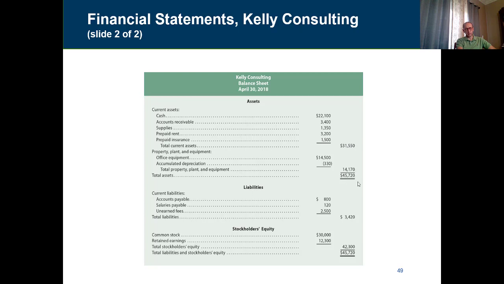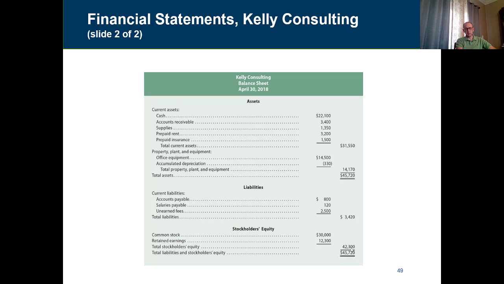We add them together, we get the total assets. Then for the liabilities, we have the total liabilities here, and we only have current liabilities in this example. And then for stockholders' equity, we have the common stock and the retained earnings, and these together give us what we call the total stockholders' equity. We combine them with the total liabilities to get the total liabilities and stockholders' equity.